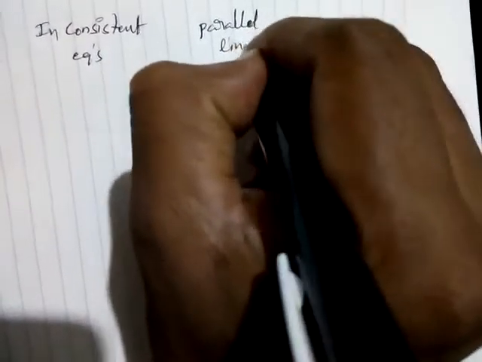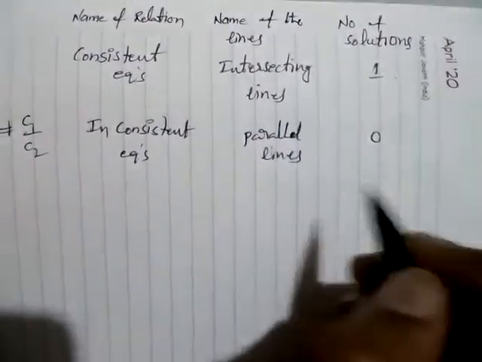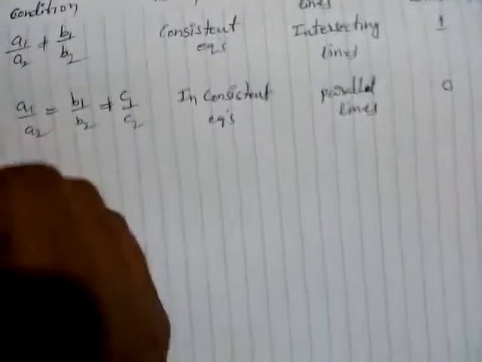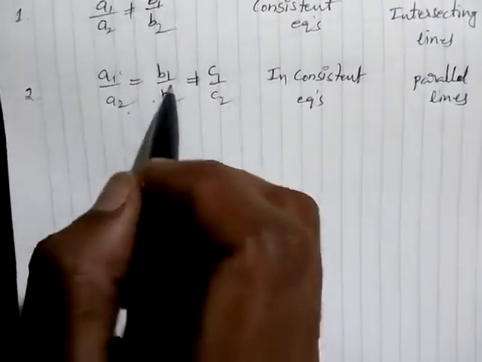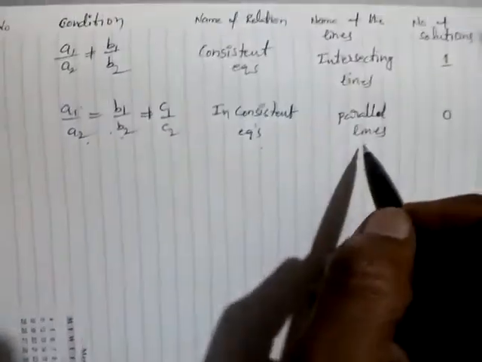Parallel lines. Number of solutions? No solutions, 0. So a1 by a2 is equal to b1 by b2 not equal to c1 by c2: inconsistent equations, parallel lines, zero solutions.